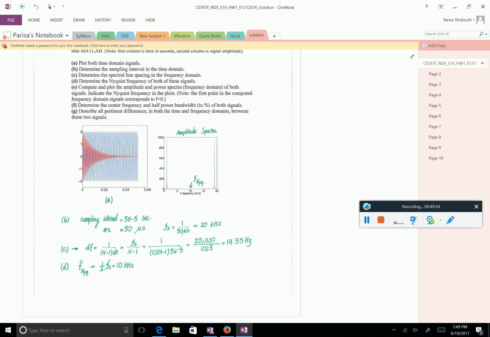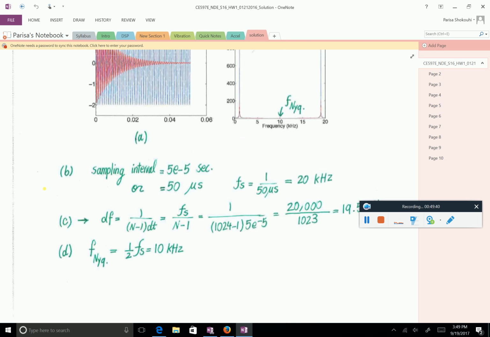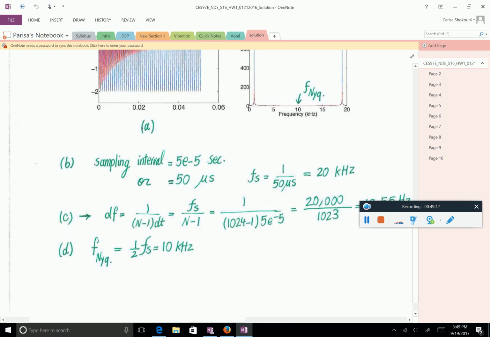That's just time. Is there any question about this? I think this first part is simple. I also have this solution actually, even though I don't post the solution.